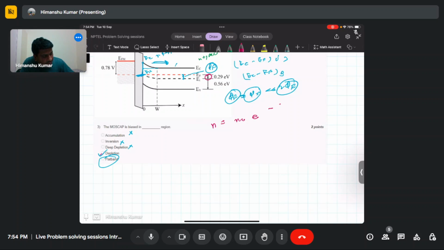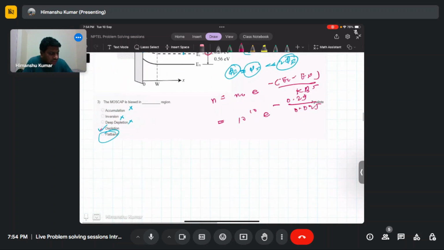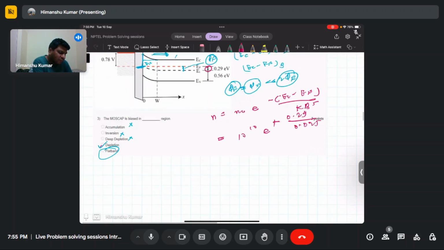This is minus EI minus EF divided by KBT. And this you can write as 10 power 10 exponential of minus 0.29 divided by 0.025. This is the exponential term, and it will become positive because EI is less than EF.